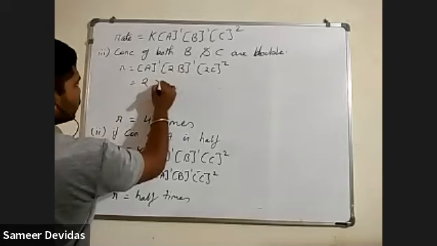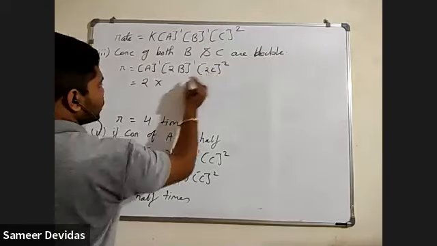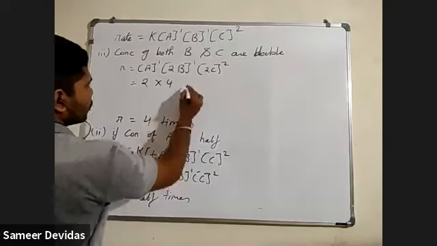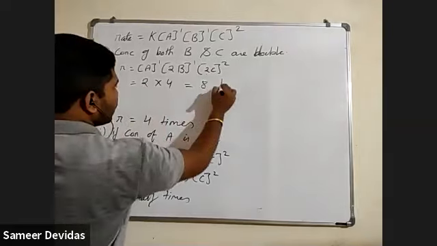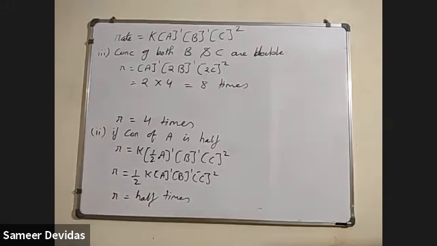So if you see, 2 into 2 raised to 2 is what? 4. So 4 into 2 is what? Yes or no? Have they understood? Anyone have any difficulty? No, sir.